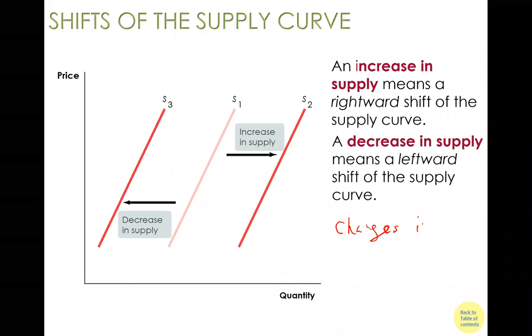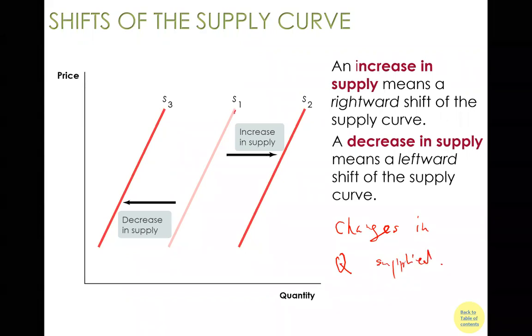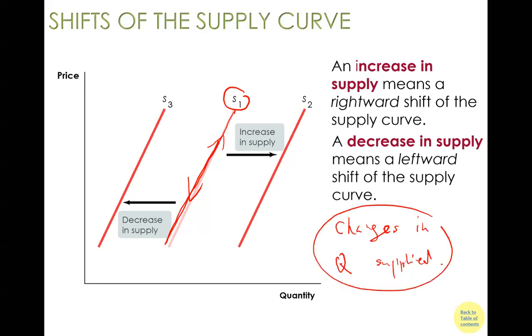Change in quantity supplied. That means the supply curve itself stays the same, but we just move along the curve. What causes changes in quantity supplied?